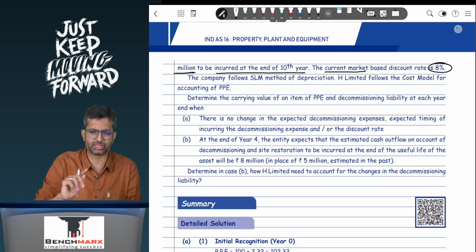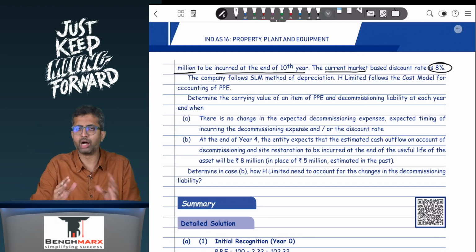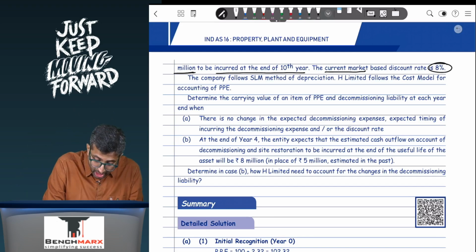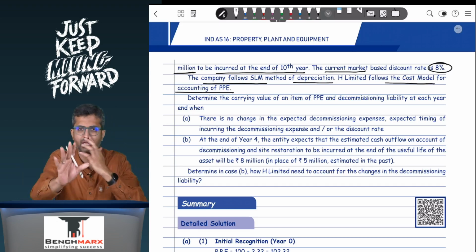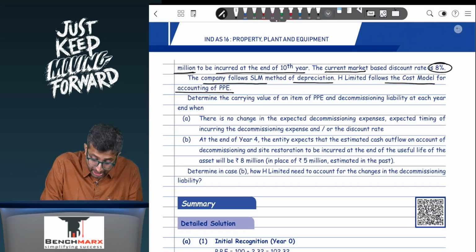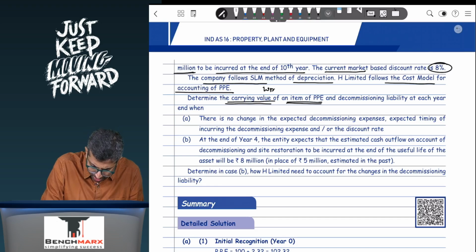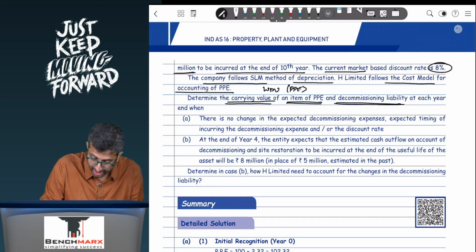You will take 4 decimals, round off the 4th decimal if it is 5 and above. The company follows SLM method of depreciation, and H follows the cost model for accounting PP. Fair enough. So if depreciation is to be there, it is going to be done using SLM. Determine the carrying item of an item of PP. So this is the WDV of the PP, and decommissioning liability.